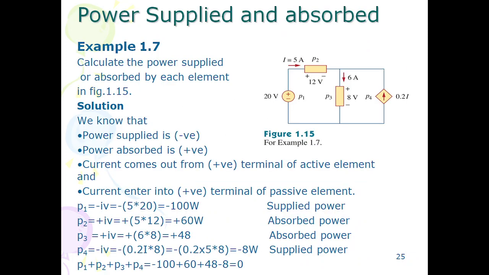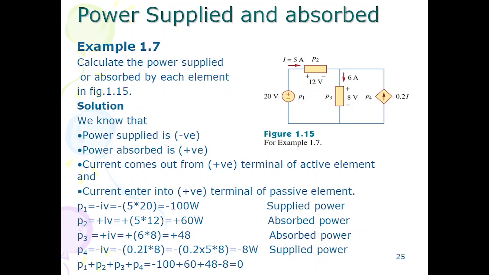Now we have to find out the power supplied and absorbed in example 1.7 in the given circuit, figure 1.15. We know that power supplied is negative and power absorbed is taken as positive.